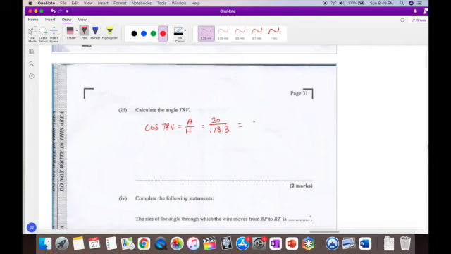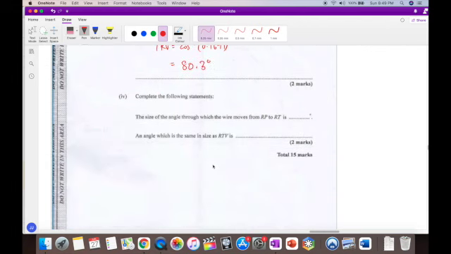That gives us 0.1691. So therefore TRV is equal to the cos inverse of 0.1691, and that gives us about 80.2, or if they wanted it to 1 decimal place, 80.3 degrees.